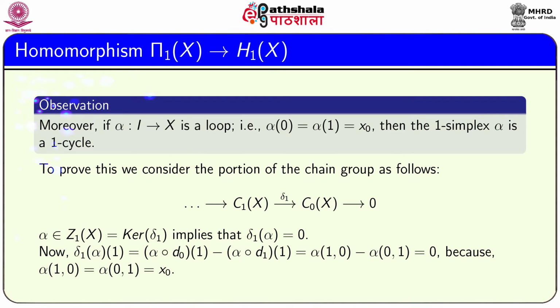Now, delta 1 alpha is equal to alpha compose D01 minus alpha compose D11, and that is equal to alpha(1,0) minus alpha(0,1), which is equal to 0, because we have alpha as a loop, and therefore, alpha(1,0) and alpha(0,1) both will coincide with the point x0.